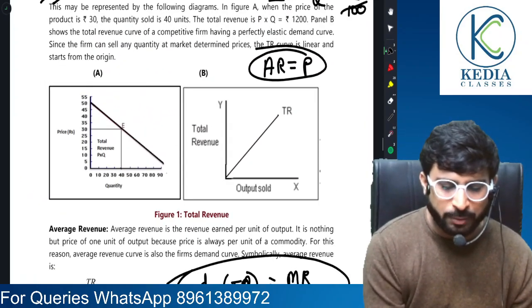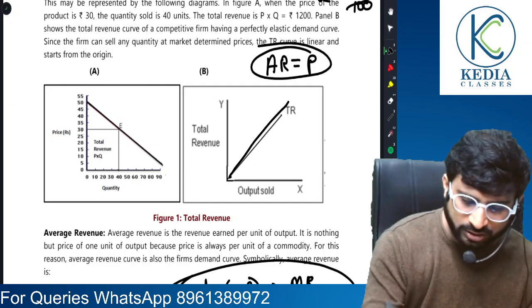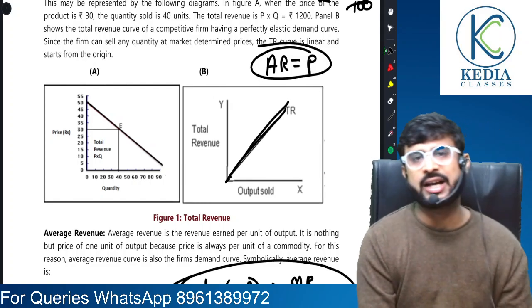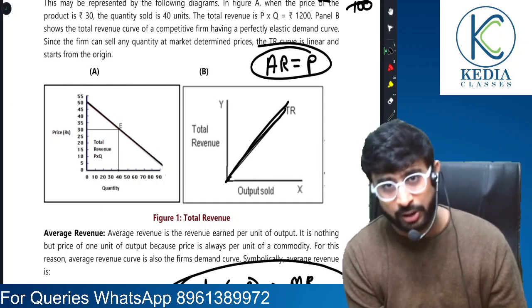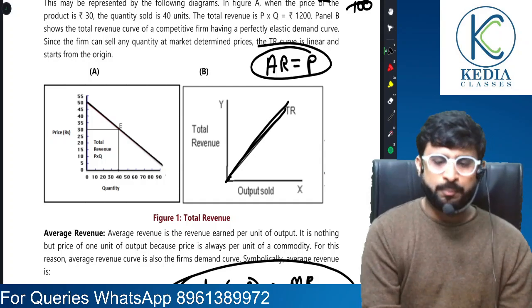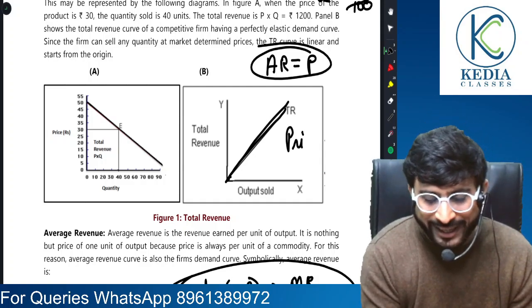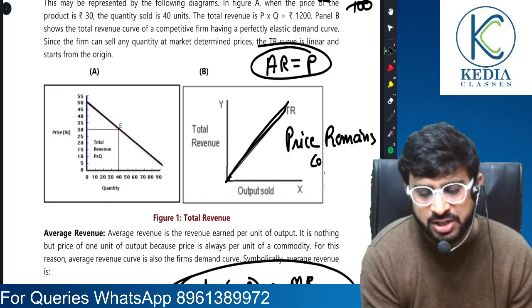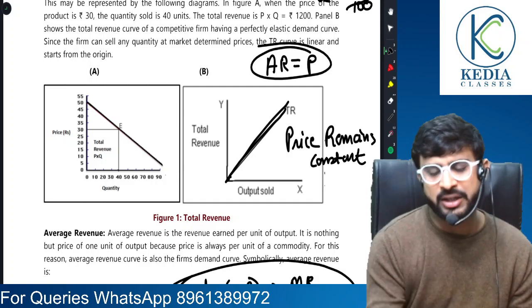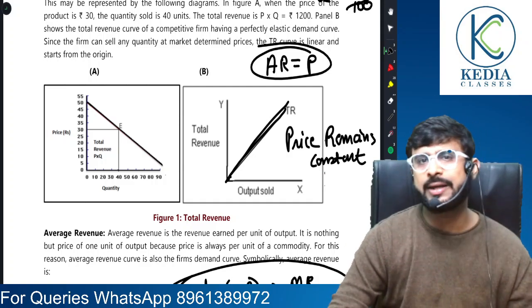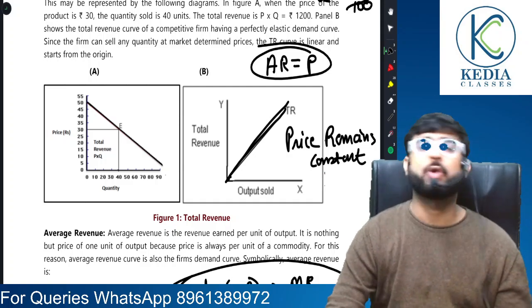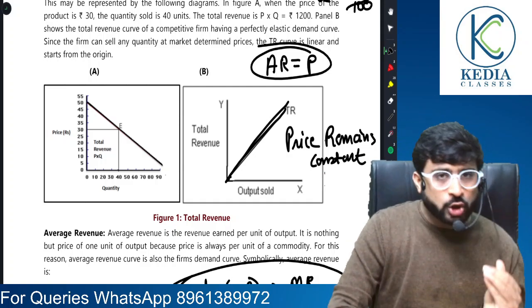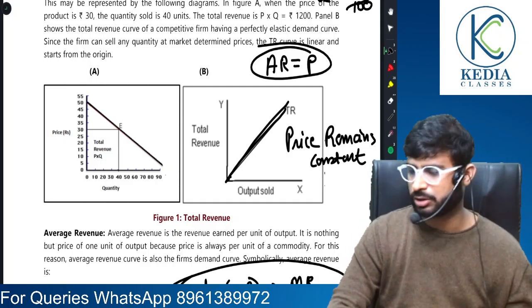In perfect competition there is no change, so the total revenue curve is exactly like this. Why? Because in perfect competition, price remains constant since there are many buyers and sellers. But in other markets, oligopoly, monopoly, monopolistic competition, in order to sell more, price is reduced.